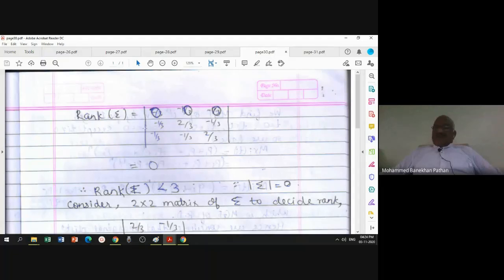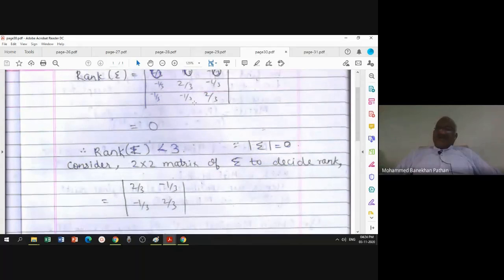So the determinant of the 3 by 3 becomes 0. That means the rank of sigma should be less than 3. The original determinant of order 3 cross 3 is 0, so a determinant value of 0 indicates the corresponding matrix should have rank less than the order.